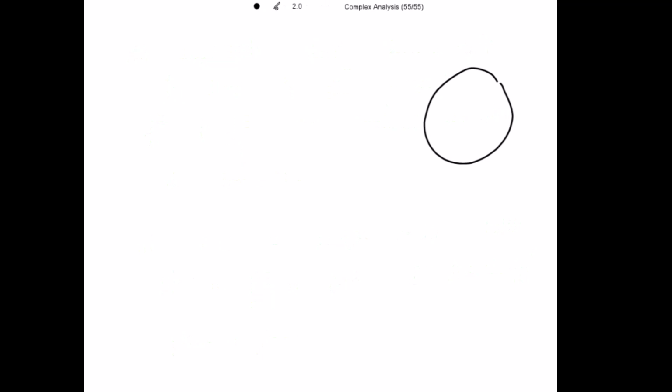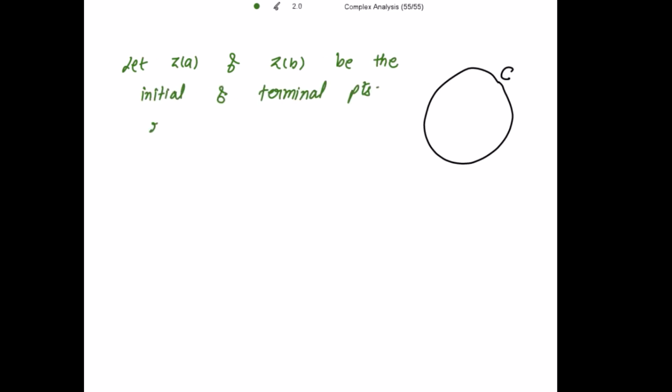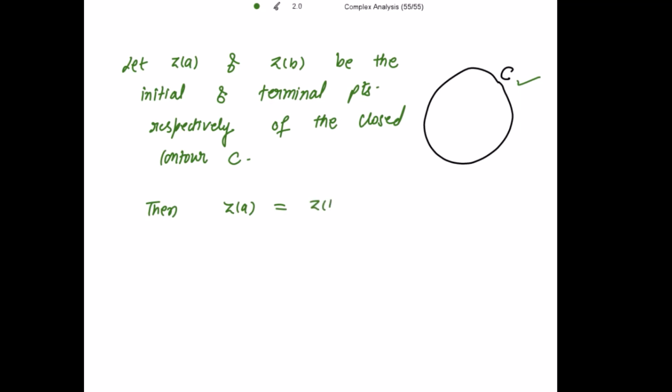Let C be a closed contour and let ZA and ZB be the initial and terminal points respectively of the closed contour C. That means the initial point is equal to the terminal point as C is closed, right?